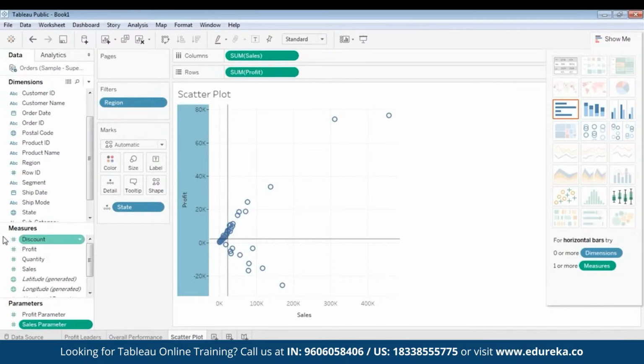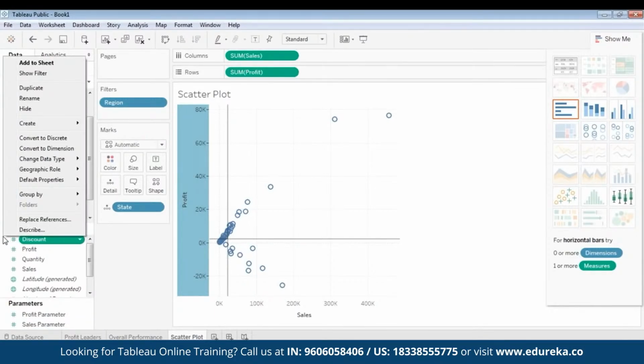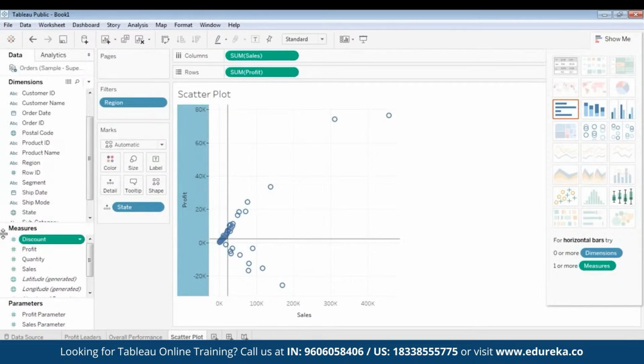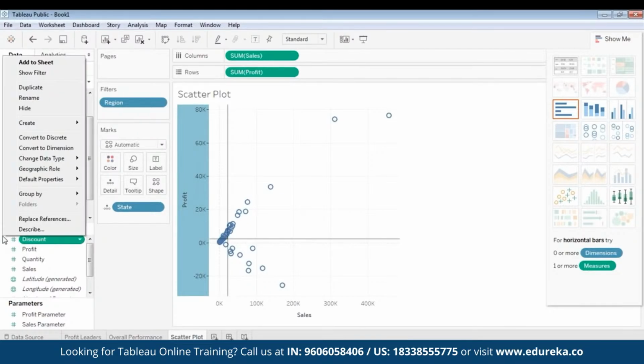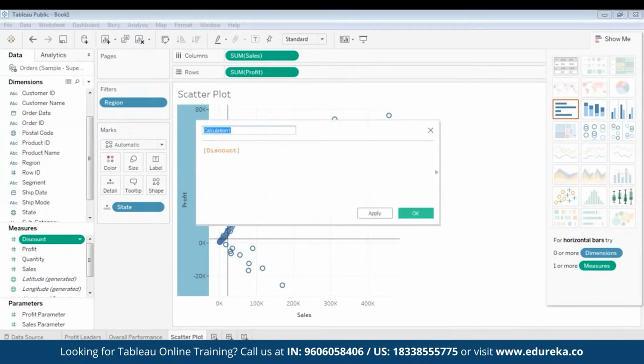For that, we need to create a new calculated field. Again, go here, right click, go to calculated field. This time you need to click on calculated field. I need to create a calculated field and I will name it as identify quadrants.